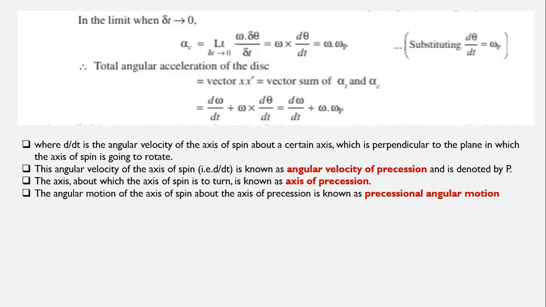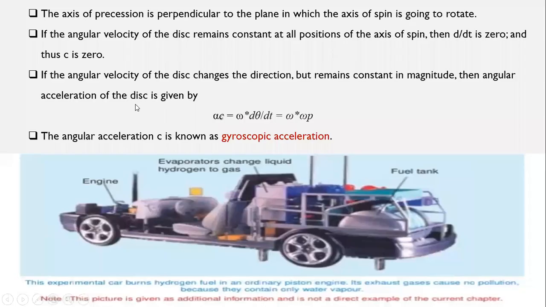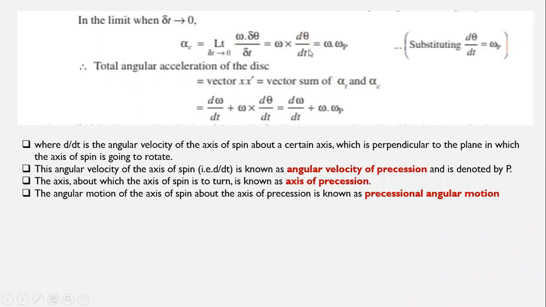So at last, substituting the value in the limits, you can see omega into omega p as the obtained value for the angular acceleration of precessional angular motion.